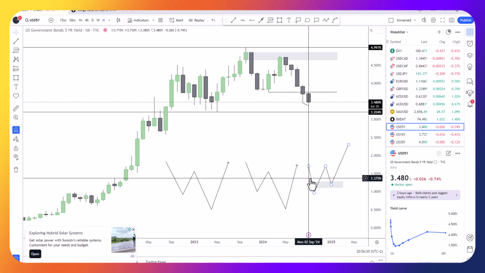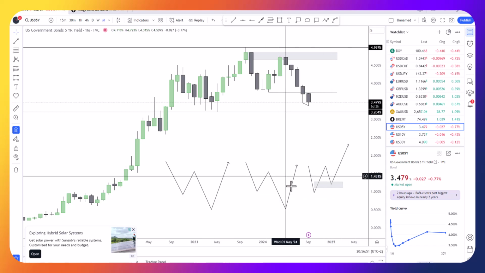A higher high on the 10-year or the 5-year should be confirmed also on the 30-year. A lower low on the 10-year should be confirmed on the other two, which is 30-year and 5-year, right? Failure swings highlight smart money participation in the markets, and trading opportunities are then validated.